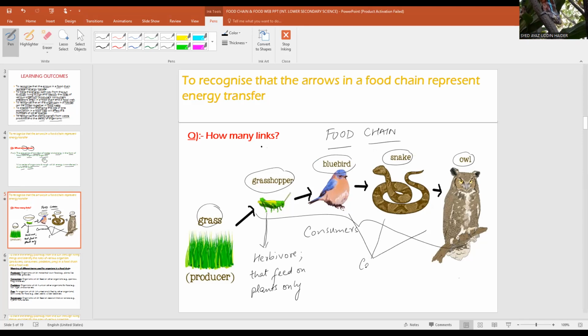All these three are carnivores. The reason is that they feed on other animals, meat eaters. Don't write organisms, because grass is also included in organisms and it is not an animal.